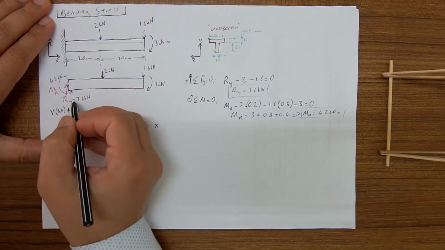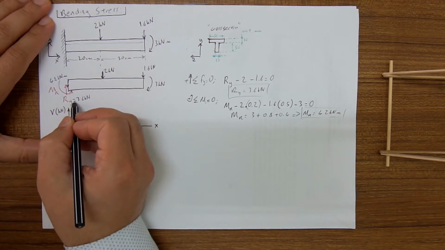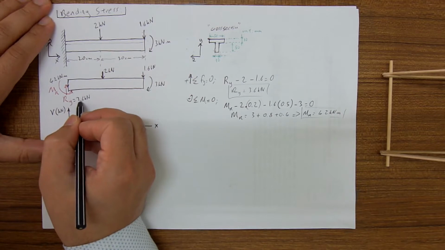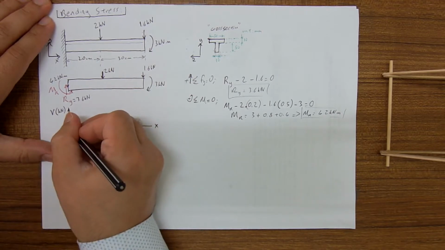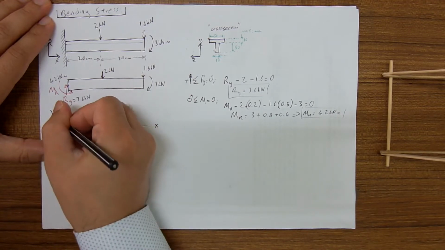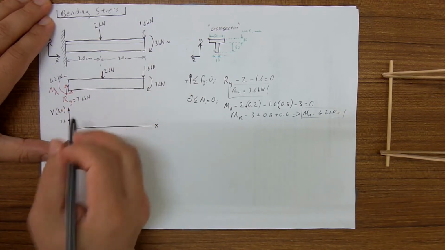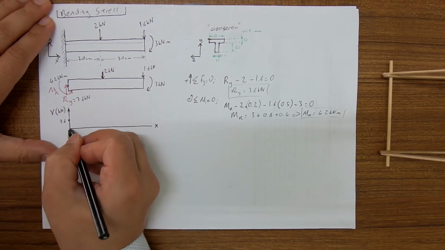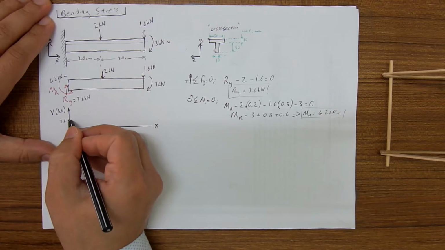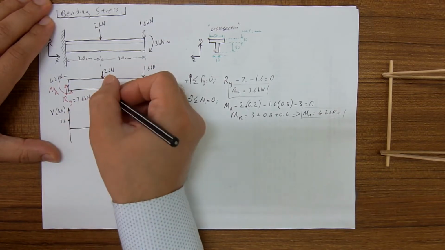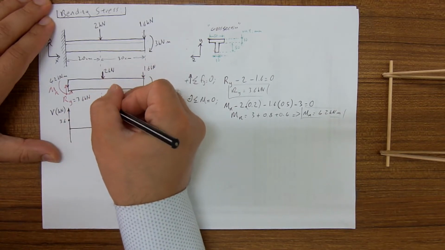So how do I start? I see that there is an external load 3.6, so I go up by 3.6. Here's 3.6 on the V diagram. I go from 0 to 3.6, and then till the next discontinuity, which is this.